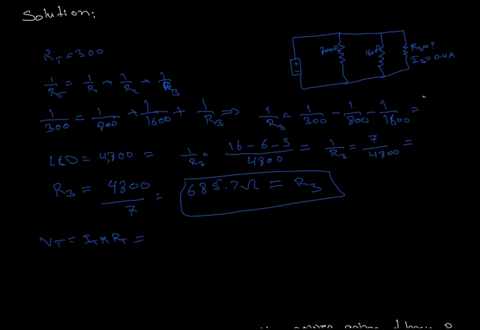We do have V3, we have R3 and we have I3. We can find V3 there. V3 will be I3 times R3. R3 is 685.7 ohm times 0.4 amp. Let's see what we have. 685.7 times 0.4.